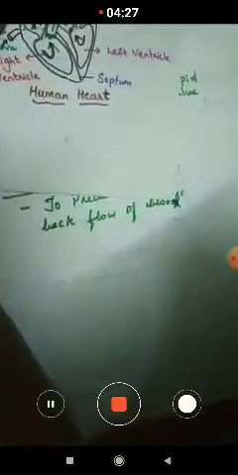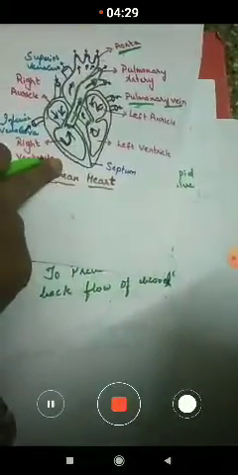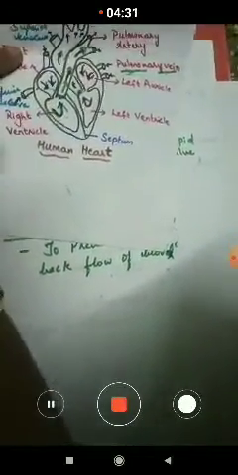Understood? Once the blood has flowed from the right auricle to the right ventricle, it cannot go back to the right auricle. Once the blood flows from the right ventricle to the pulmonary artery, it cannot reach the right ventricle again. When it has flowed from the left auricle to the left ventricle, here it closes, so it cannot go back to the left auricle.